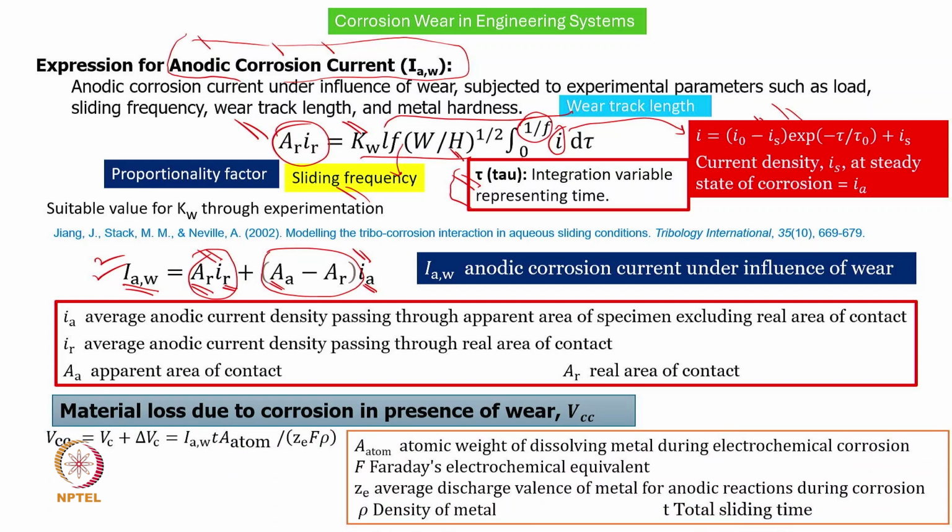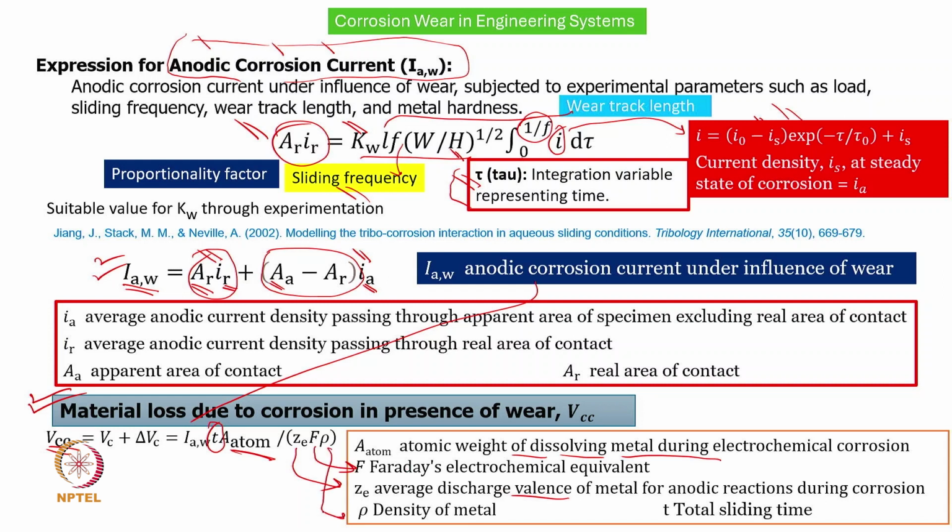So now coming to the material loss due to corrosion in the presence of wear, that's what we are showing as V_CC. It can be given in terms of the anodic corrosion current, time of exposure, and the atomic weight of the material which is getting deposited, or maybe getting dissolved in the electrolyte. Z_E is the average discharge valency, and F is the Faraday constant.